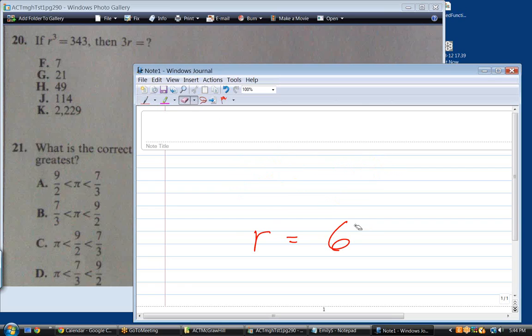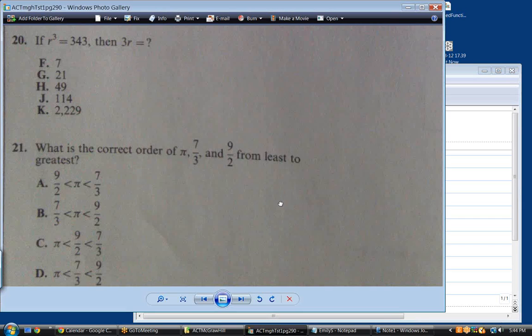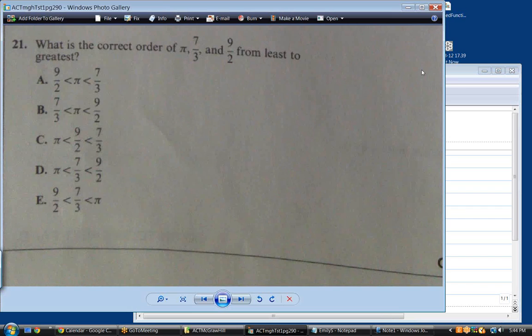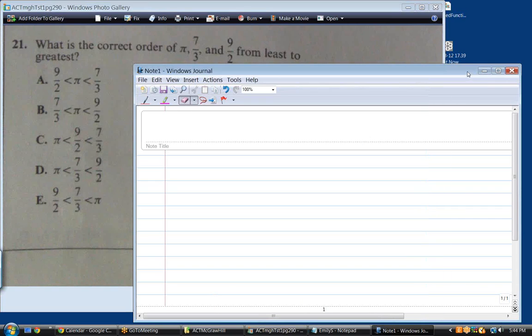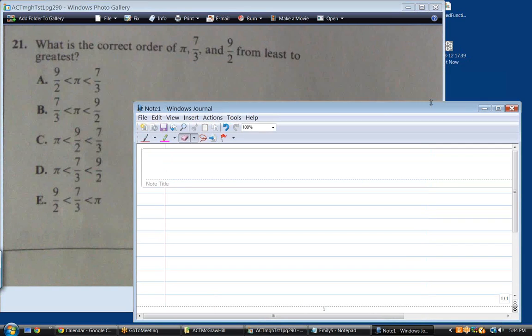All right. Rank these 3 numbers in the order of least to greatest. You can use your calculator on this one if you feel a need. You don't really need to. In fact, it'd be better if you could actually do this without your calculator.